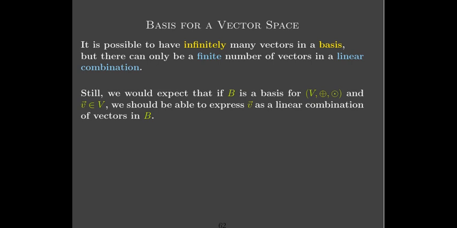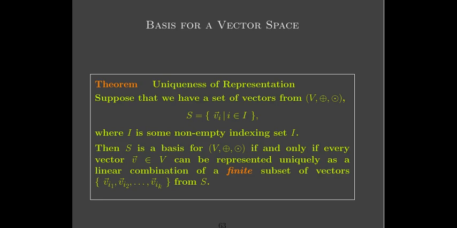Now, it is possible to have infinitely many vectors in a basis for a vector space. But there can only be a finite number of vectors in a linear combination. So we would expect that if B is a basis for a vector space, we would be able to express V as a linear combination of vectors from that set B. And indeed we can.